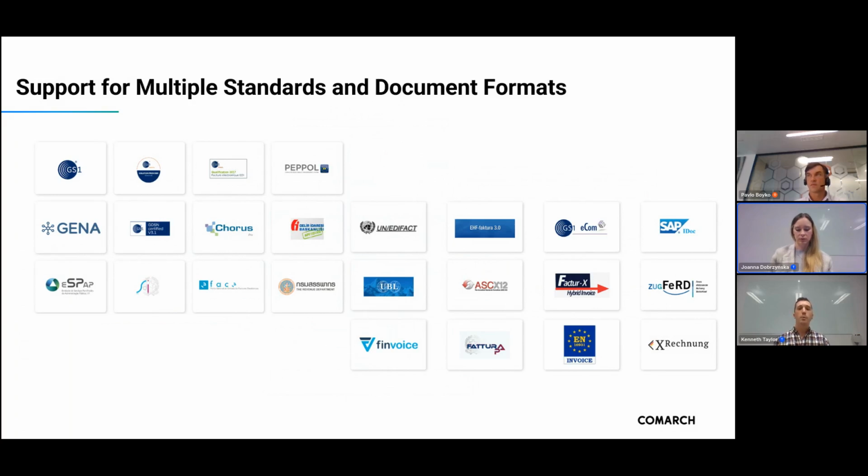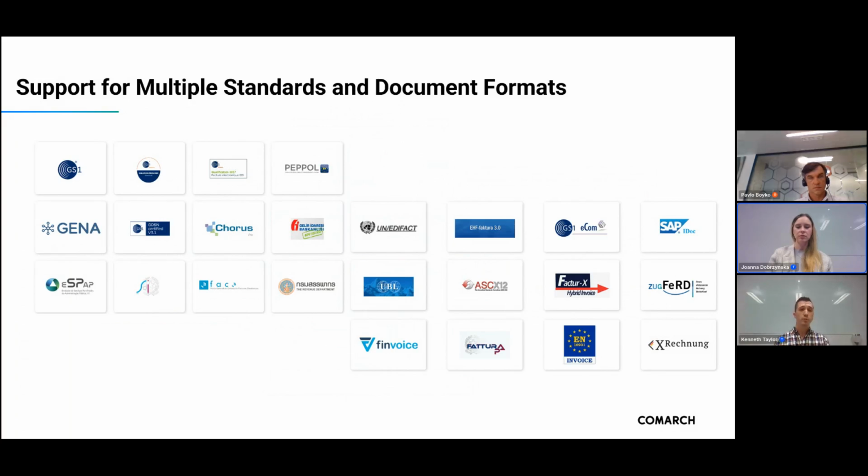For example, we offer connection with various government platforms. Comarch was the first company authorized to send compliant invoices to the Thai government. Also, global organizations like GS1 are important, or PEPPOL. Comarch is also a PEPPOL access point.